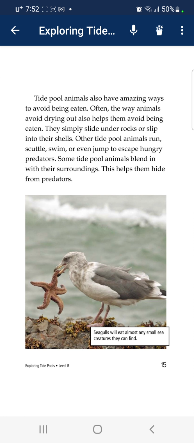Other tide pool animals run, scoot, swim, or even jump to escape hungry predators. Some tide pool animals blend in with their surroundings. This helps them hide from predators.